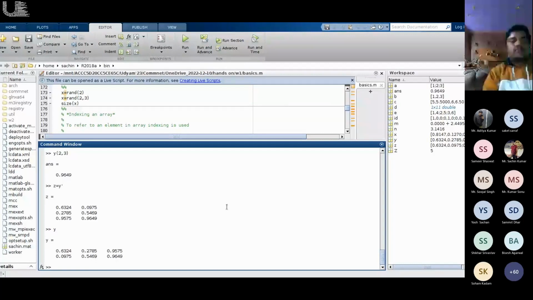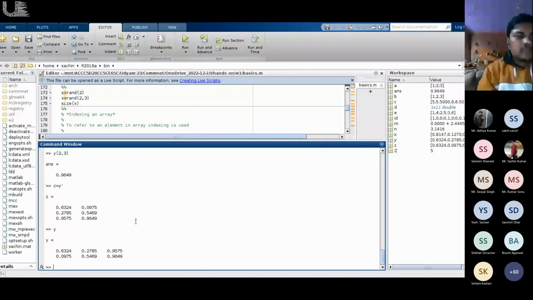ठीक है. अच्छा ये बताओ z का डायमेंशन क्या है, कोई भी, anyone, what is the dimension of z matrix? Three cross two. 3 cross 2. And what is the dimension of y? 2 cross what?